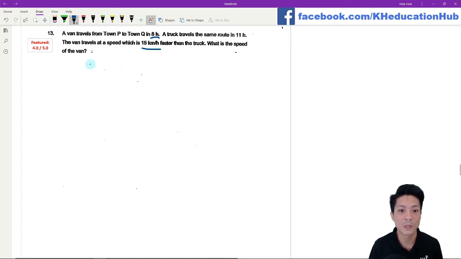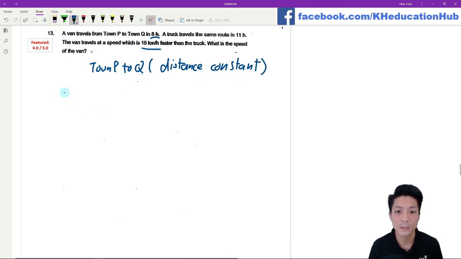From town P to Q, okay, the distance is a constant. Okay, when the distance is constant, the ratio of the, in this case, we know what is the time taken, right?